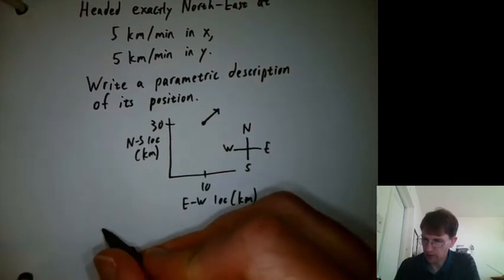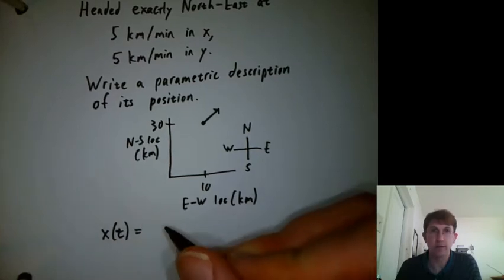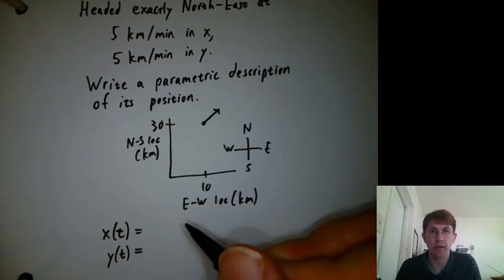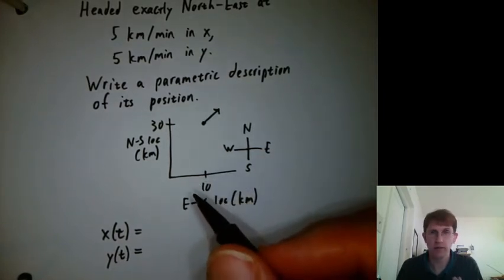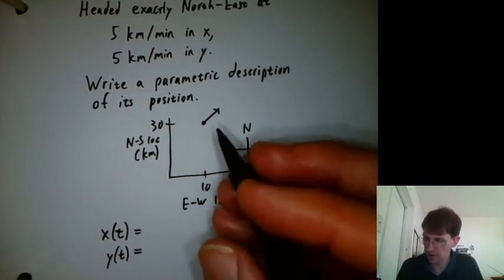We could write my x position at time t is something, and my y position at time t is something. We didn't say what to use for t. Minutes, hours, seconds? What do you think works best here? Well, we've got minutes in the problem, so maybe minutes is good there.